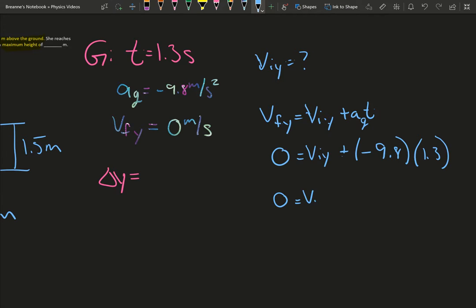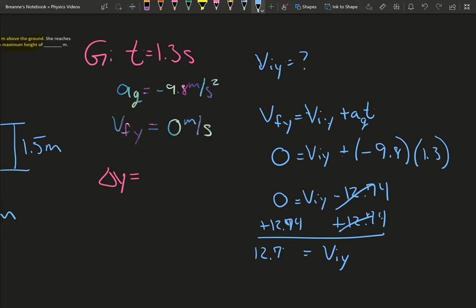So it's 0 equals v iy, plus negative 9.8 times 1.3, and you get negative 12.74. We need our initial velocity by itself, so we're going to bring over this 12.74. And so we get our initial velocity to be 12.74. So you see why the negative is important? Because we need it to be positive meters per second.